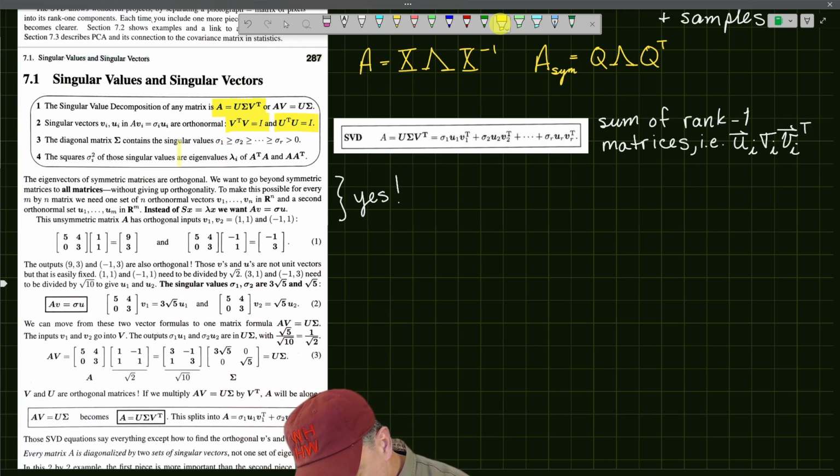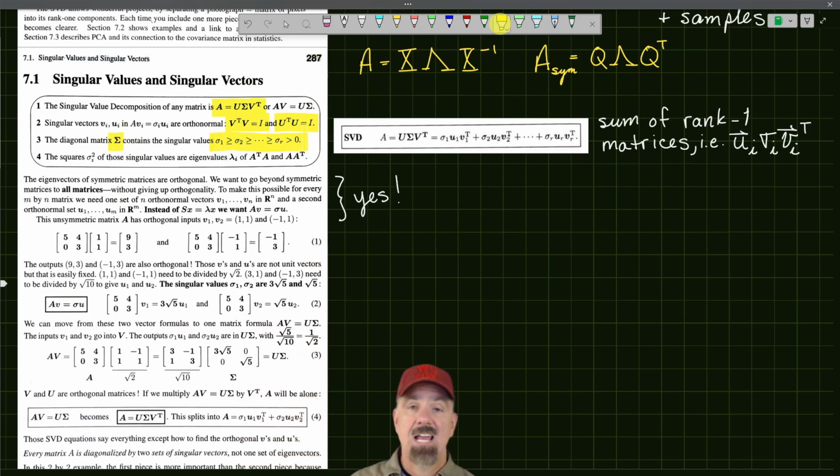Also, it's worth noting that the sigma matrix contains all of the singular values, and they are, just by convention, rank ordered. So we always talk about sigma 1 as being the largest singular value. Singular values are always positive, and when we look at how we find singular values, you'll understand why they're always positive real numbers. Of course, they're going to be real numbers because they're coming from symmetric matrices, but they're also positive numbers.